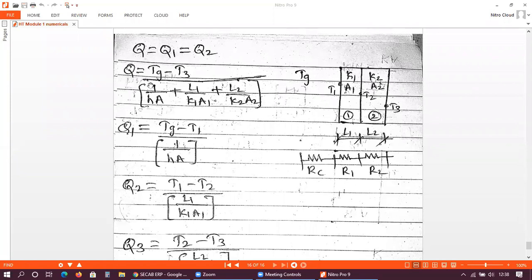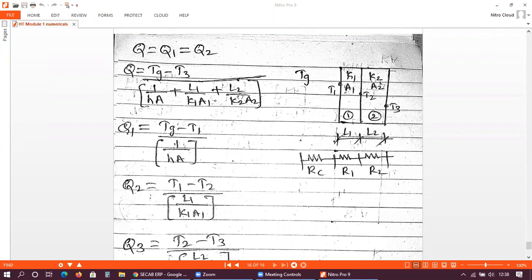Its value is 1 divided by hA, plus L1 by K1A. L1 by K1A is the resistance offered by the first slab, that is R1, so the value of R1 is L1 by K1 A1.